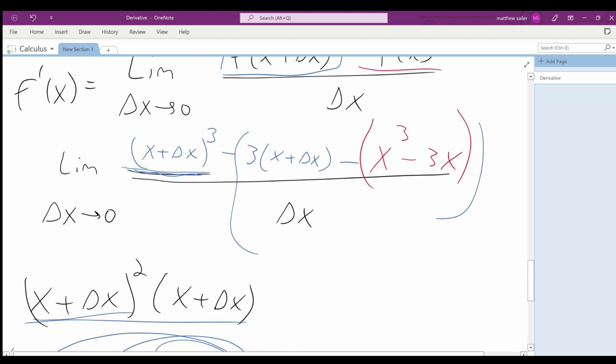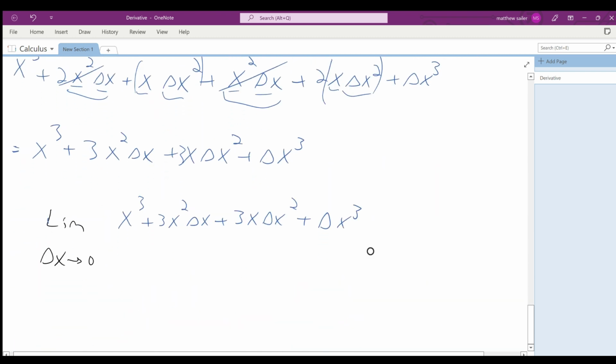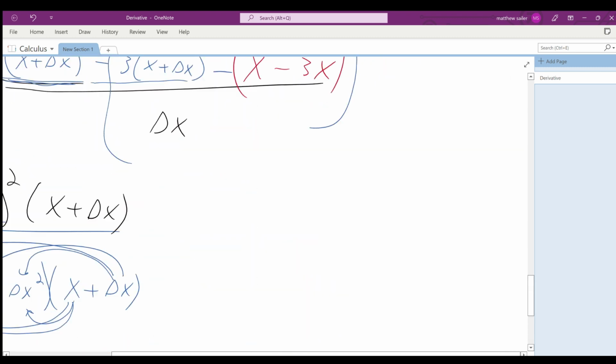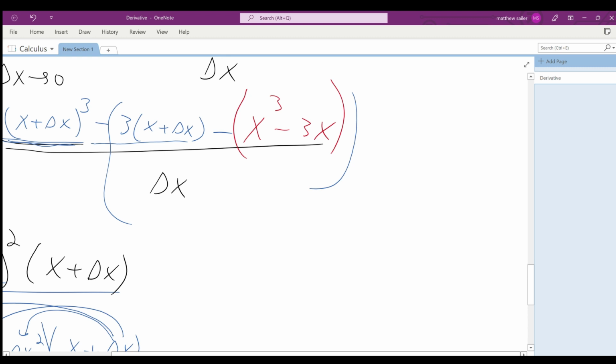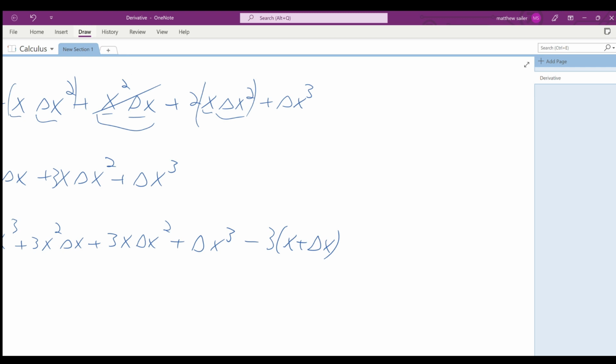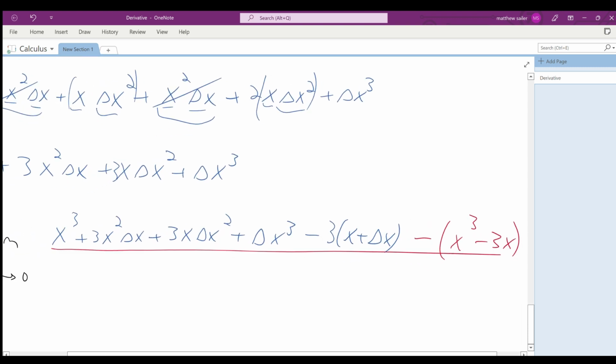So we also have this piece here, minus 3x plus delta x. I'm going to run out of room here. Oh, I can move it over. Okay. And then minus x cubed minus 3x, and this whole thing is going to be over delta x.